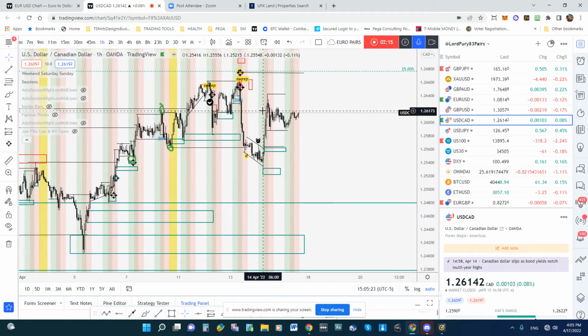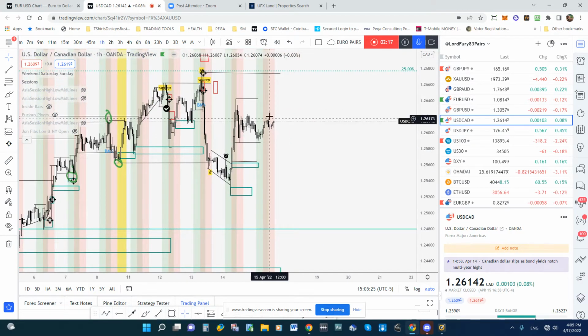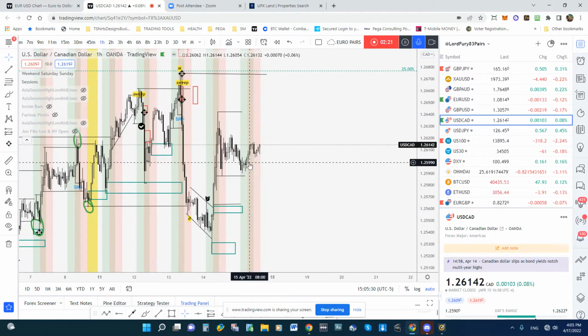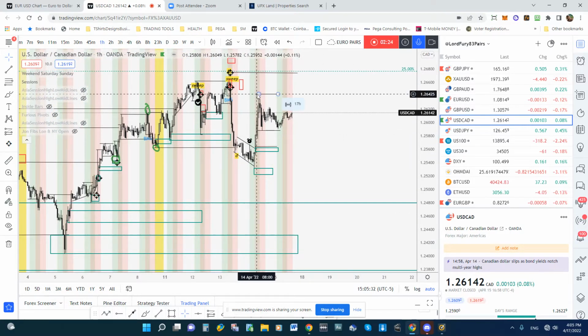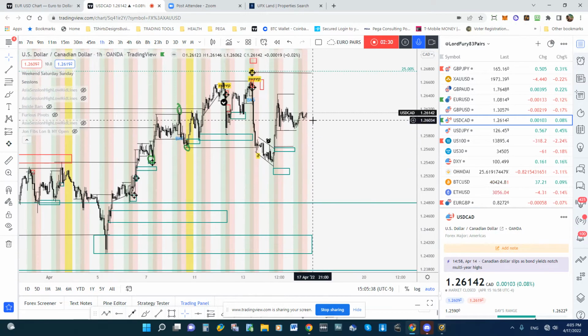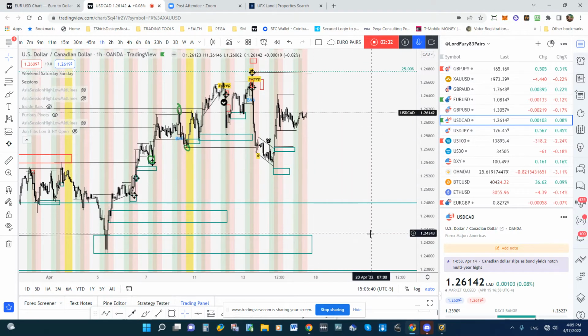We should be looking for sells, in my opinion. Even if we do manage to break this high, I think we should be going for a sell. We had an original reaction and created the range at the end of last week, and now I think we should be continuing lower.